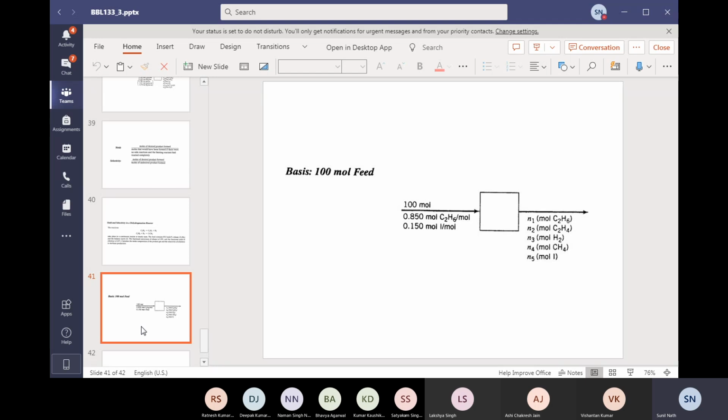So take the basis as the given flow rate, 100 kilomoles per hour. That looks perfectly fine. And now look at how much is there in the feed and how much is there in the product for every component. And then you can balance, say, ethane and other species.